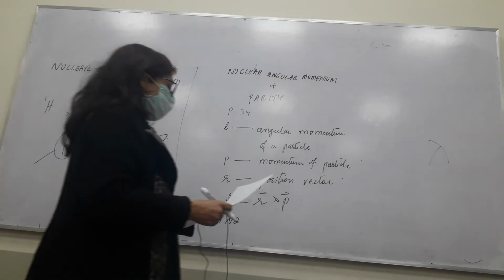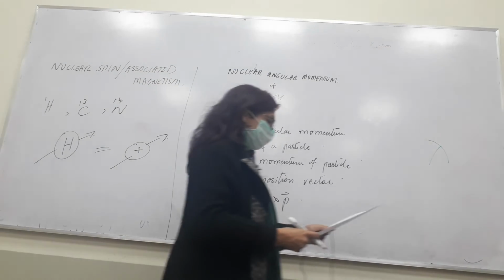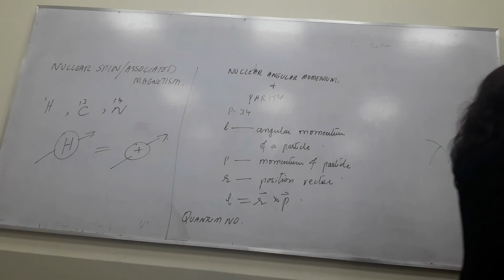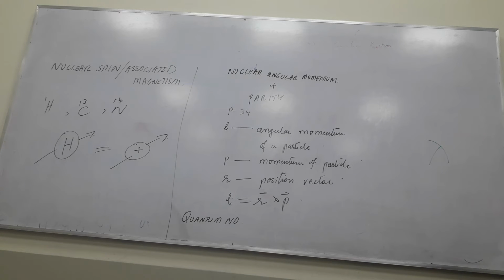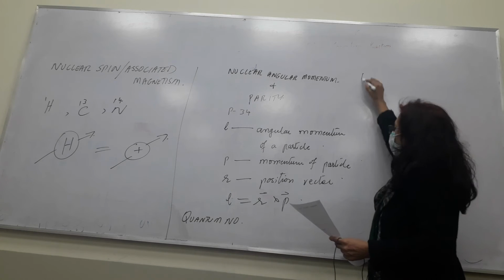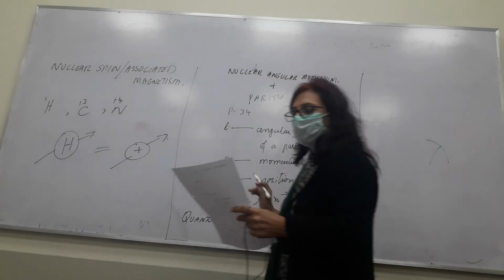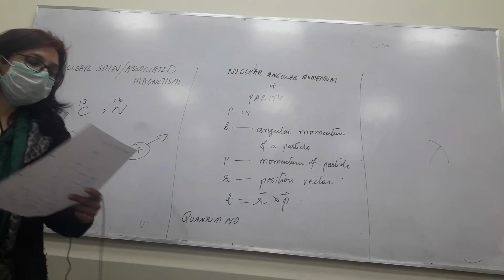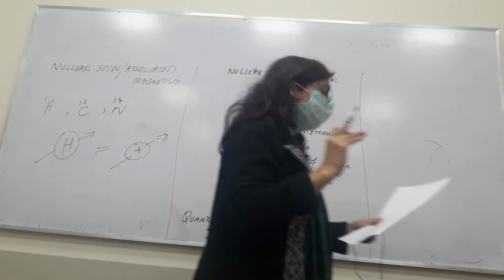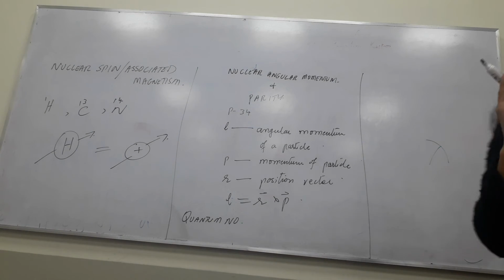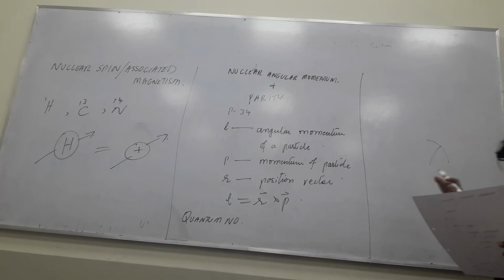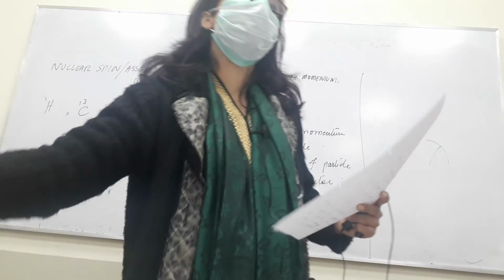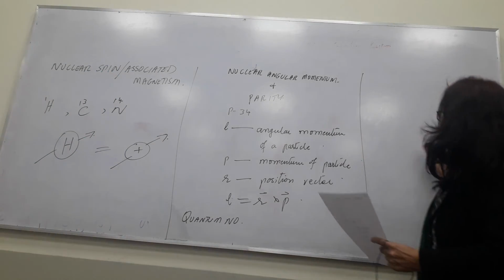For example, we can have Bohr's theory of an electron. Bohr's theory says that an electron can only occupy an orbit for which it has a certain angular momentum. This is not about the nucleus, but we are just referring to previous knowledge about physics.